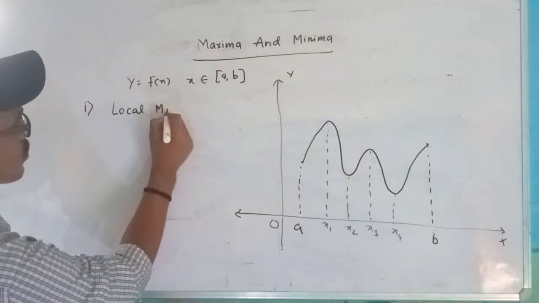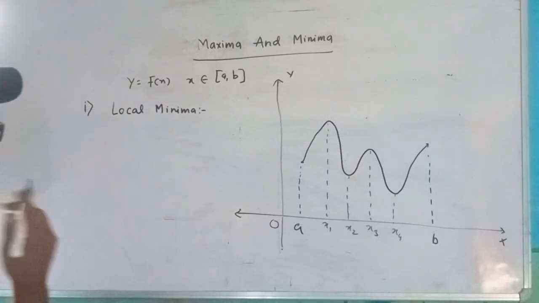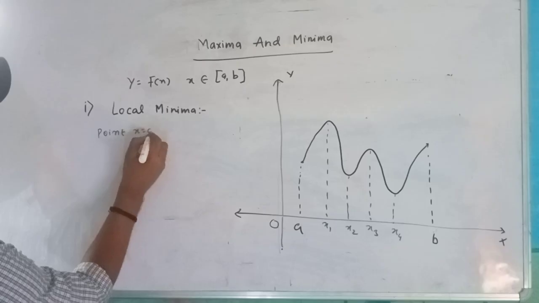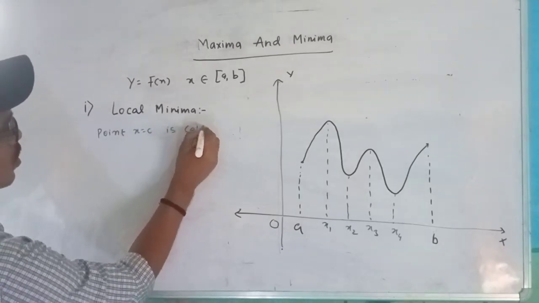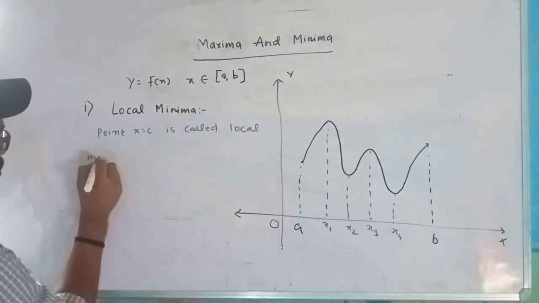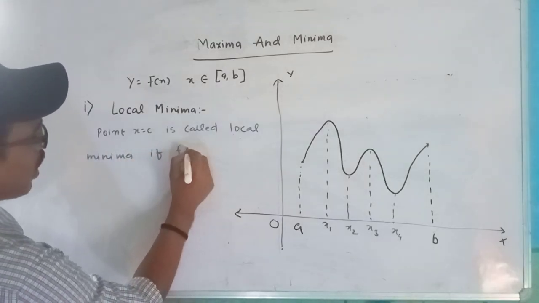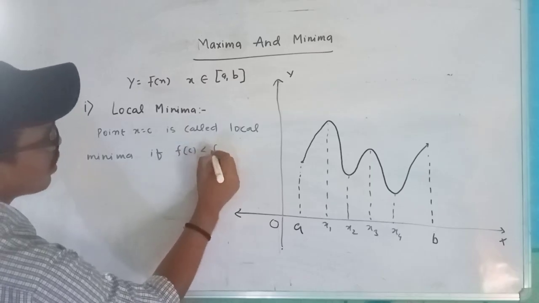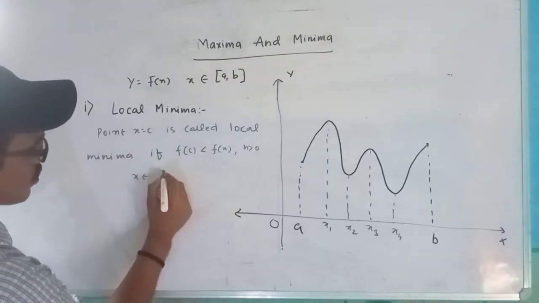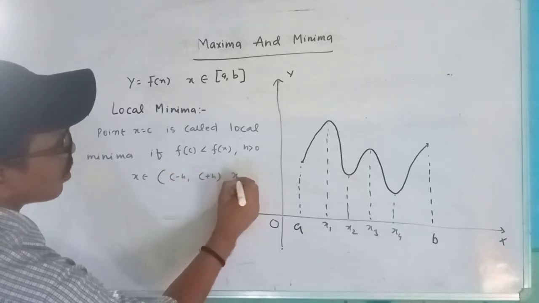So the first term we have is local minimum. A point x equal to c is called a local minimum if f(c) is less than f(x) for all x belonging to the interval (c minus h, c plus h), where obviously x is not c.